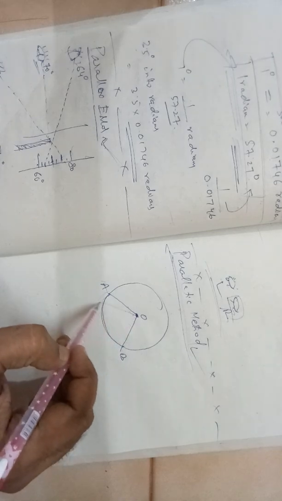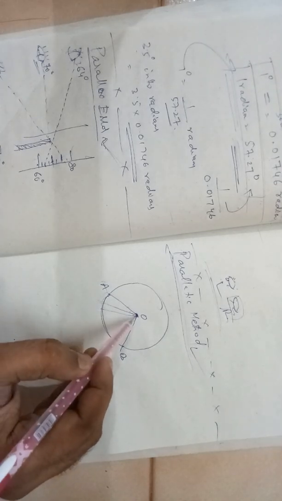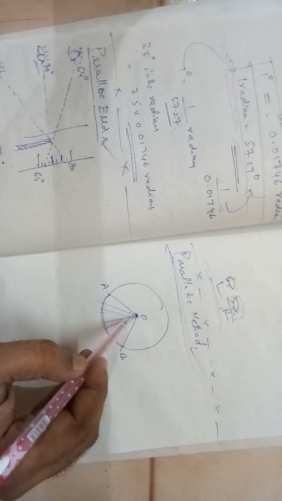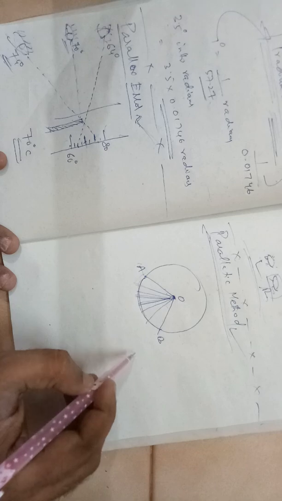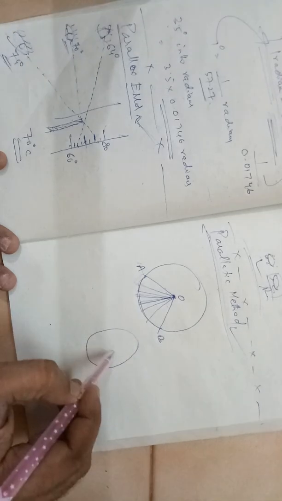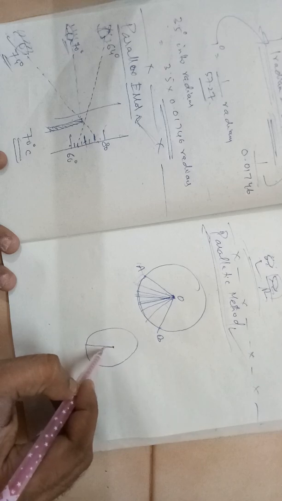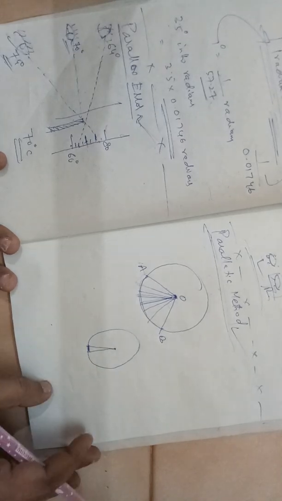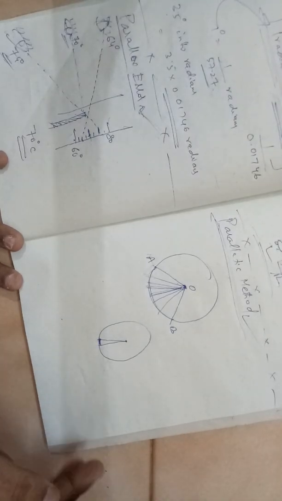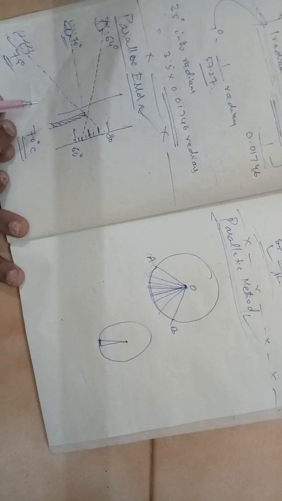If I keep on decreasing this angle, what is going to happen? You will end up with a situation like this. The angle is very, very small, and here also you have an arc, but this arc is more like a small straight line.